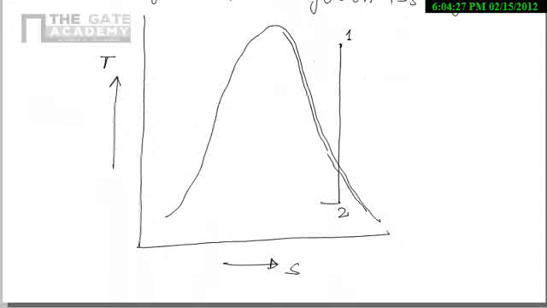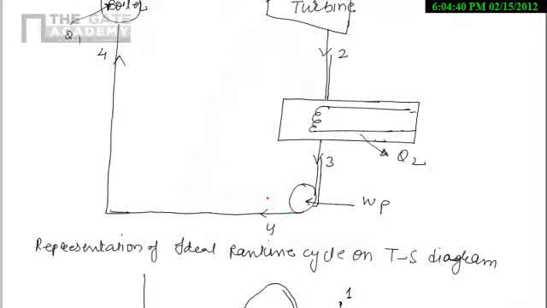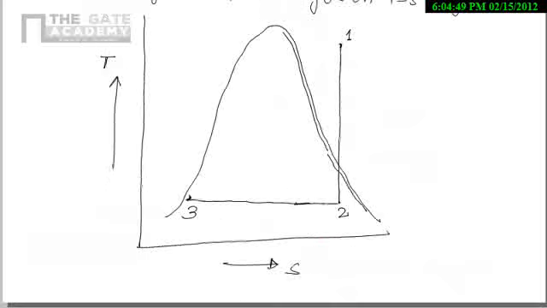So this mixture will condense in the condenser and it will convert into water at point 3. So at 3 we are having water, and this water is pumped through this pump. So 3 to 4, that is isentropic compression, because the pressure we have to increase. So here we are going for pressure increasing, that is a small one, 3 to 4.